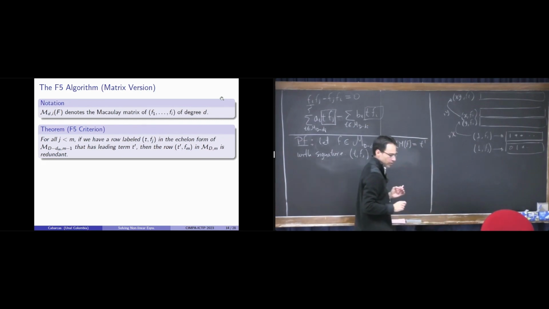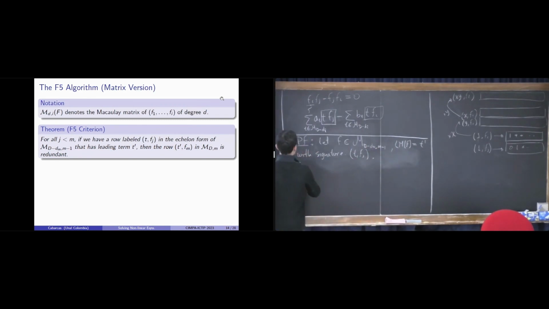And what we want to show is that the row corresponding to t'·Fm is a linear combination of previous rows.